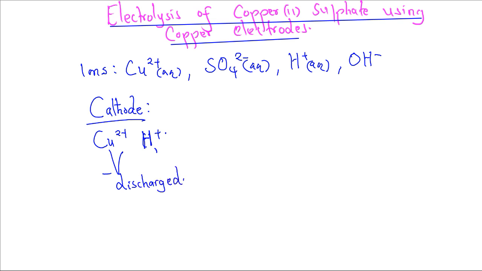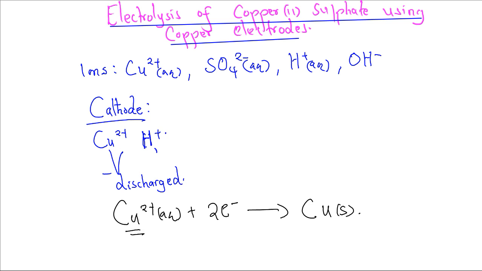So that will be copper ion reacting with 2 moles of electrons to form the copper solid. And that is the reduction process after the discharge of the copper 2 ions.